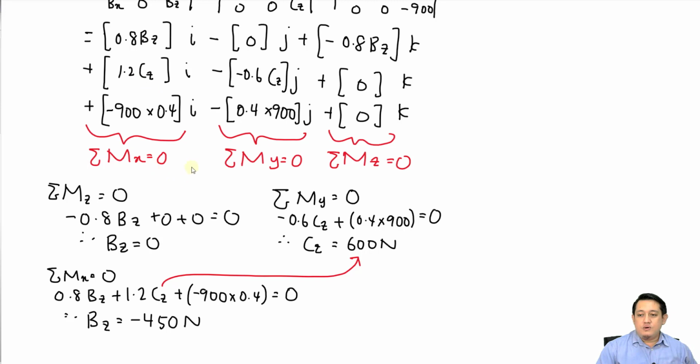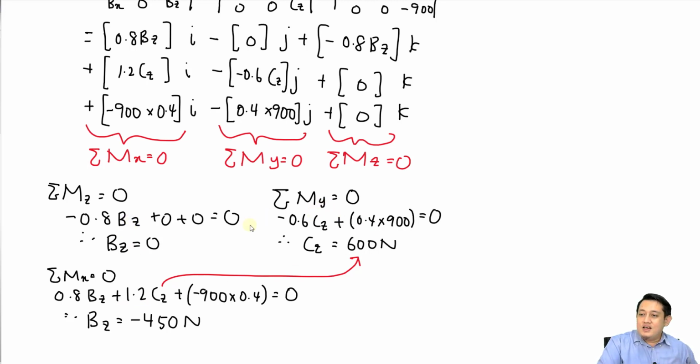So now, when we use this R cross F here, we can get the value of the unknown reactions here. Sorry, this one is Bz. This one is what? Oh, my mistake. This one is Bx, not Bz.